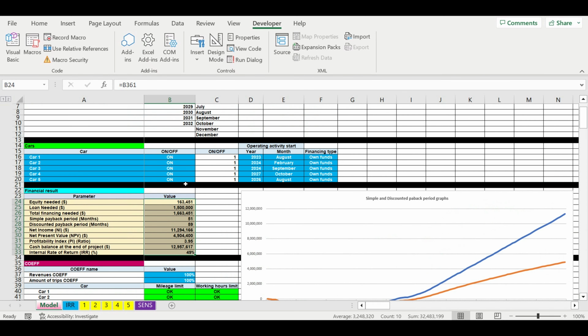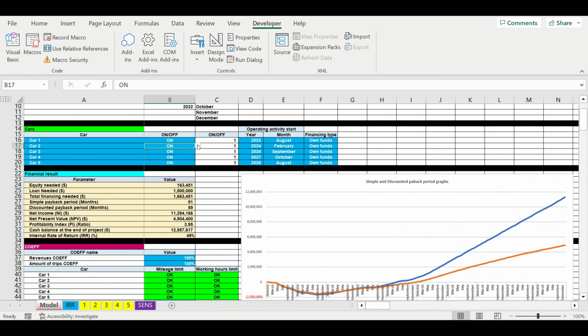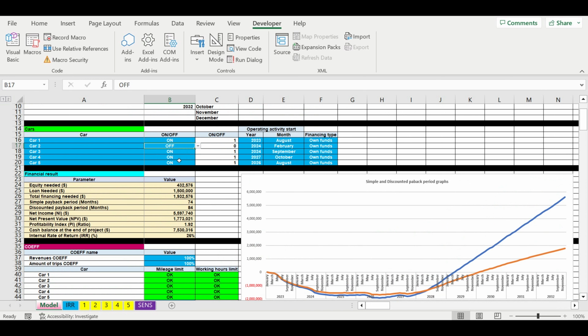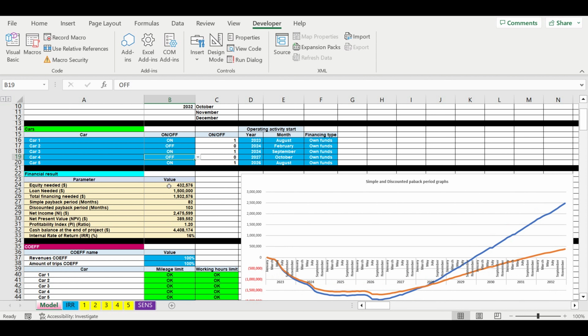First of all, for example, we can switch off this or that car from the calculation, and we can see what will happen with the simple and discounted payback period diagram, and with the financial efficiency of our business idea. So we can quickly create this scenario.